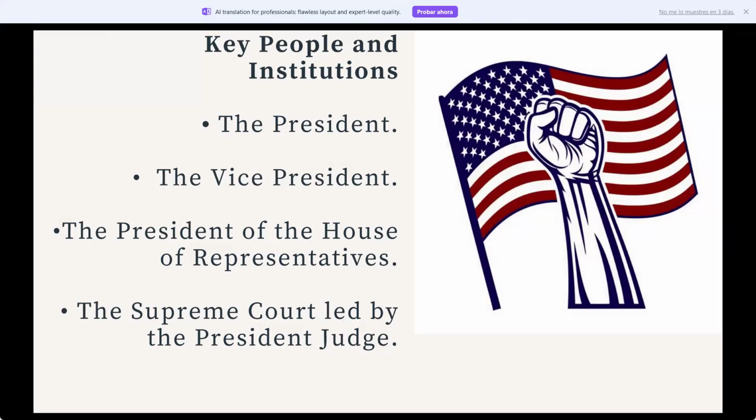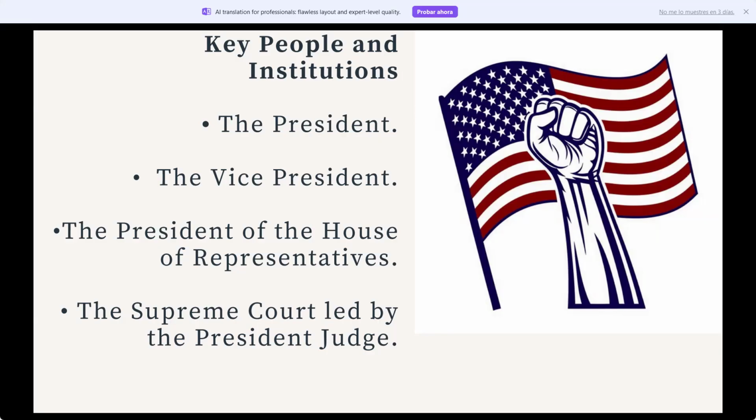The third branch is the judicial branch, which is in charge of interpreting the laws. This means that it decides what the laws mean and if they follow the Constitution. The highest court in the United States is the Supreme Court, which has 9 justices, and these justices serve for life, which helps them make fair and independent decisions.